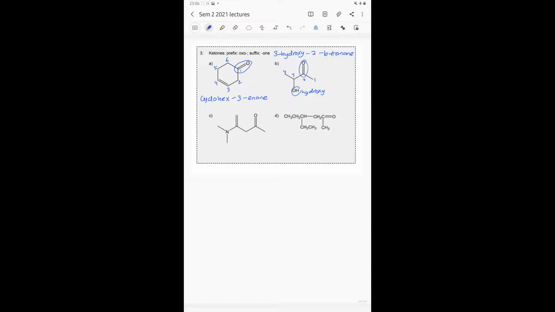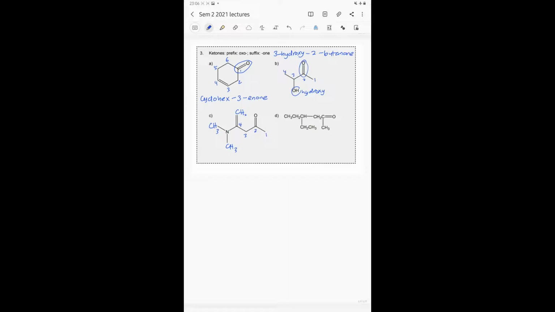For C, we have 3 functional groups. We have N, the amine, and we have the C double bond C. We also have C double bond O, which has the highest priority. So we give number 1 here, 2, 3, 4. Only 4 carbons, and this is actually CH3. Right up here we actually have CH2. How to give the name?